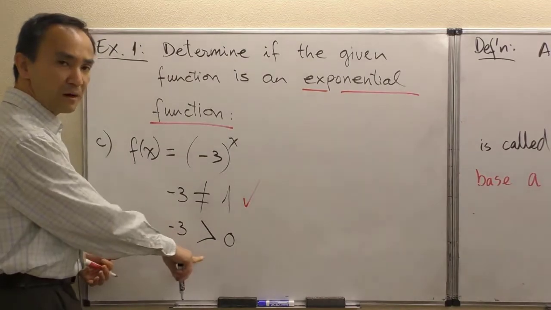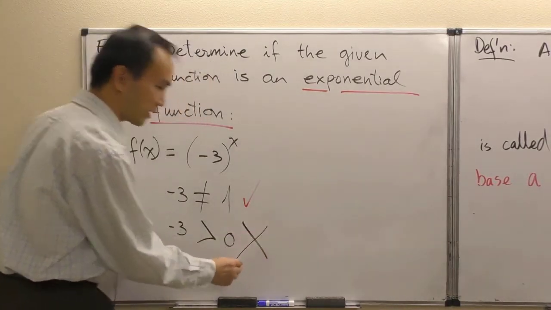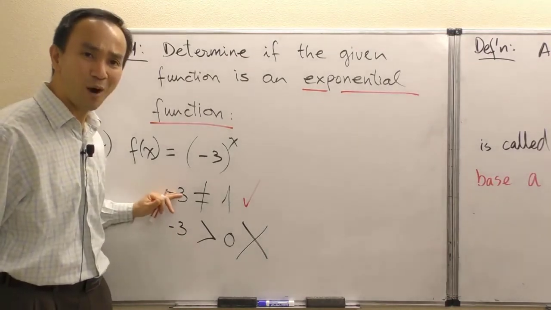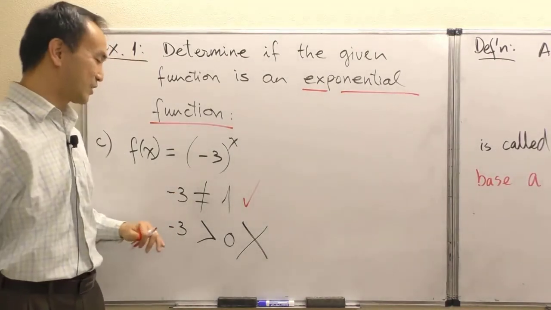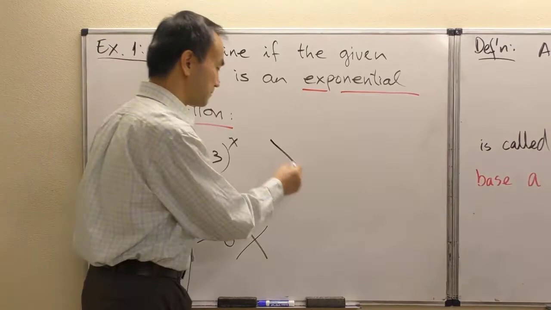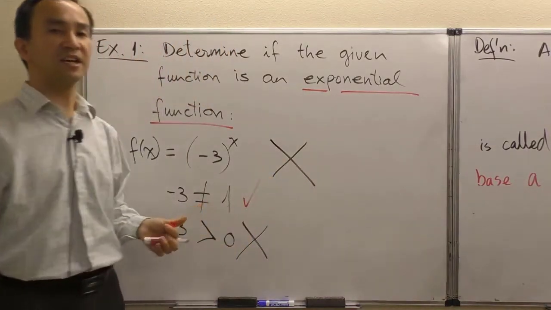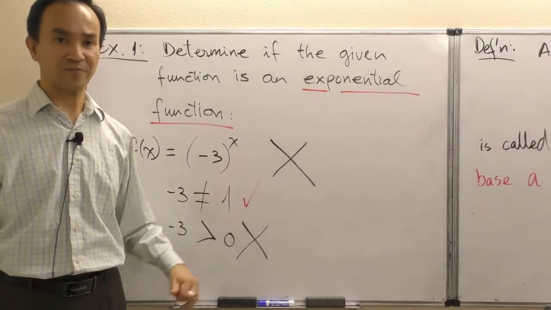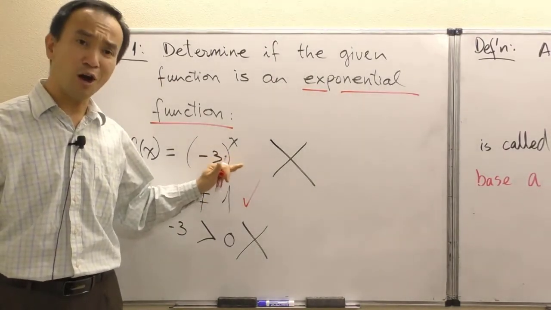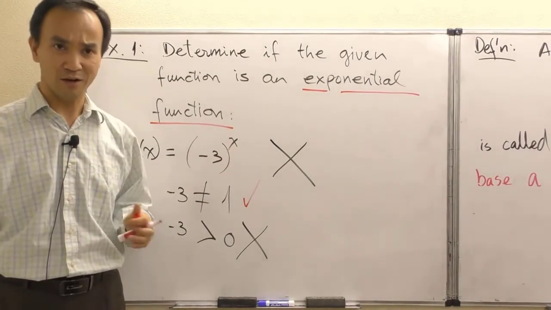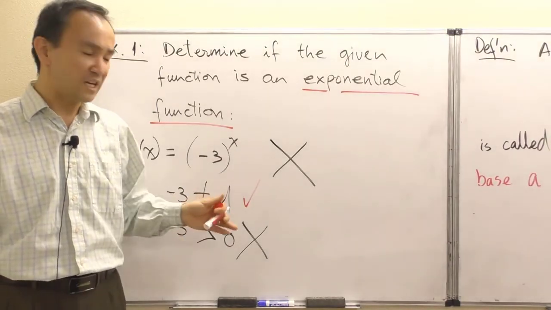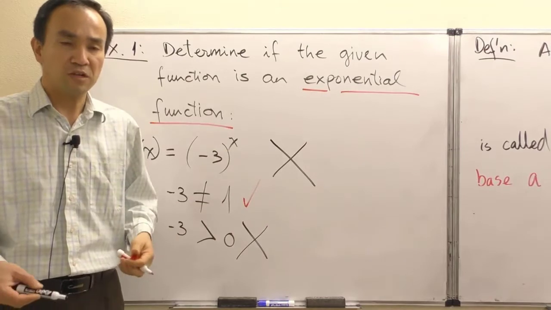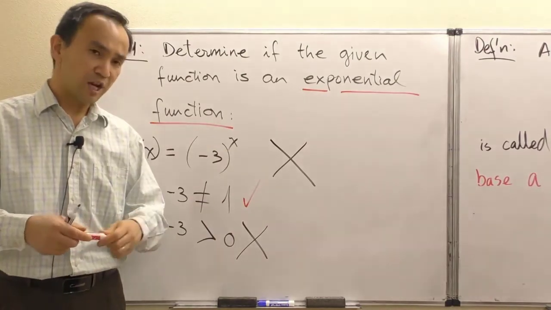The base being positive, it failed this one right here. And this requirement is even more critical than the other one. So as far as classifying that as an exponential function, nope, not this time, not for this function. It looks close enough to be an exponential function, but in the end, that base itself fails this requirement, so that can't be an exponential function.